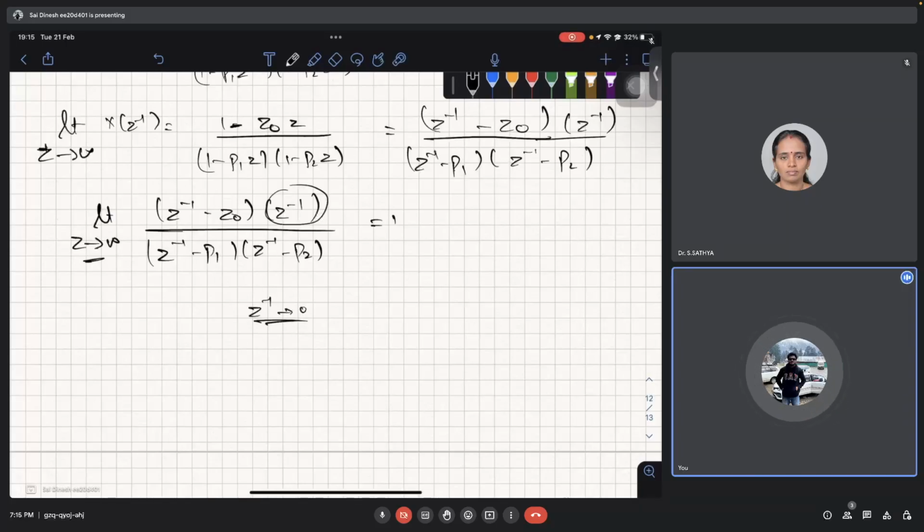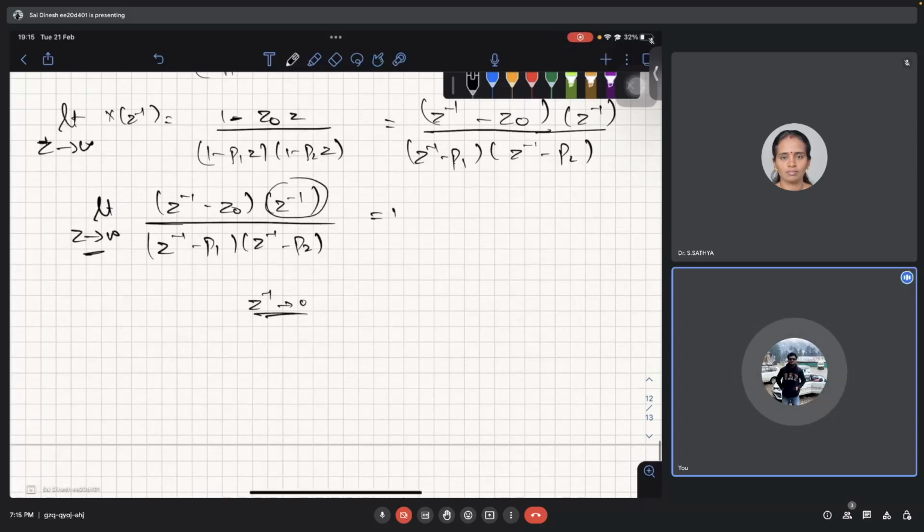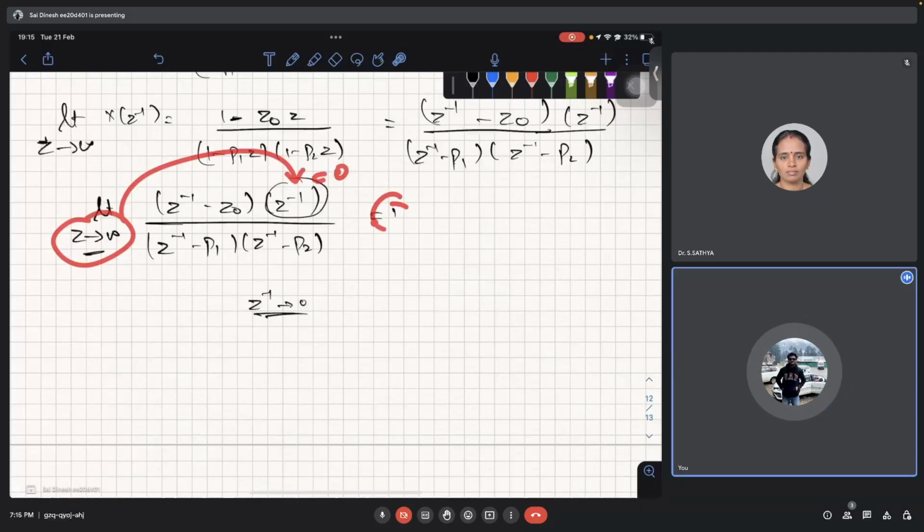Otherwise, this z inverse term would vanish, since z inverse tends to 0, but the limit is equal to 1, so this is not possible. So this should cancel out with one of these, and then if we put z tends to 0, we will have minus z naught and minus p2, which means z naught equals p2.